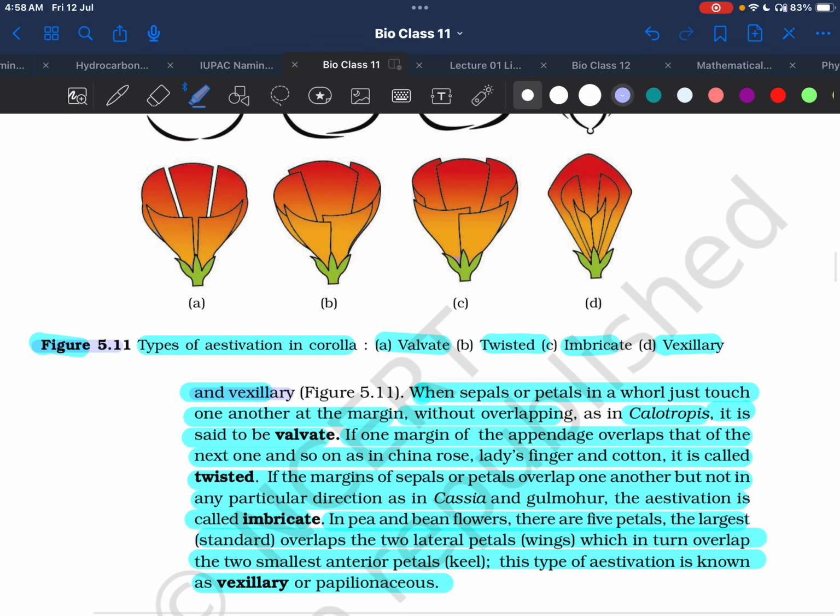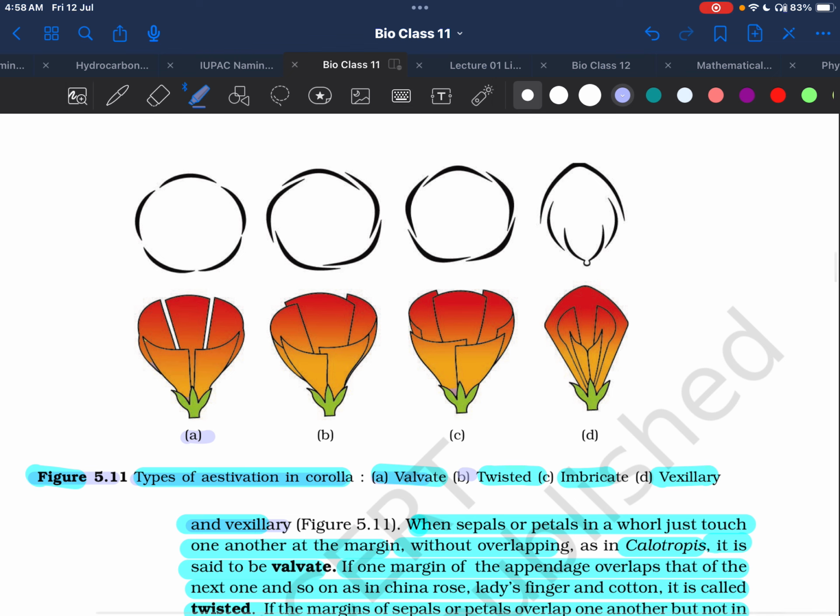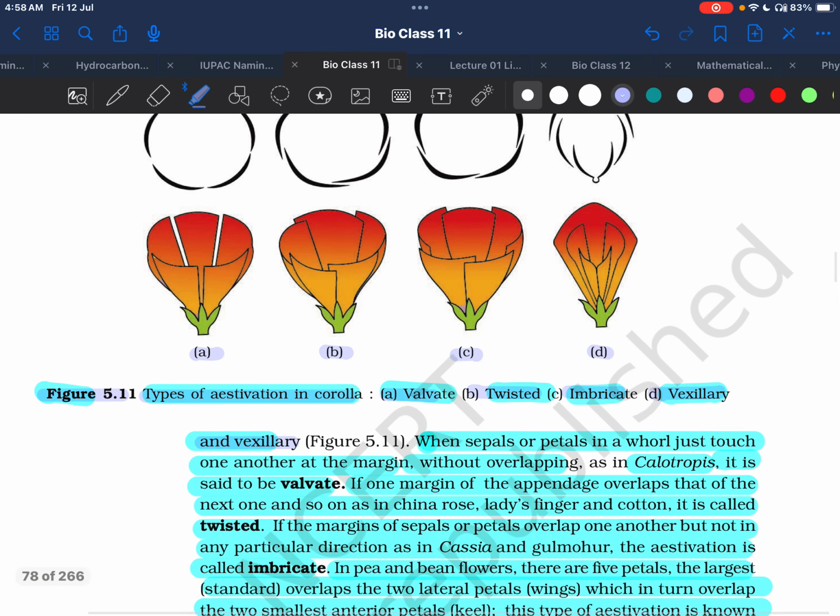Figure 5.11 Types of aestivation in corolla: A. valvate, B. twisted, C. imbricate, D. vexillary.